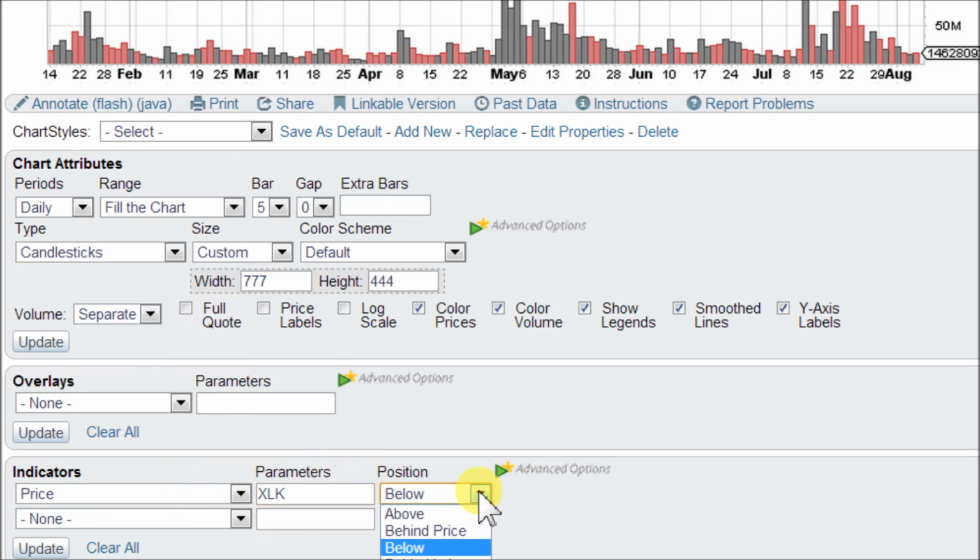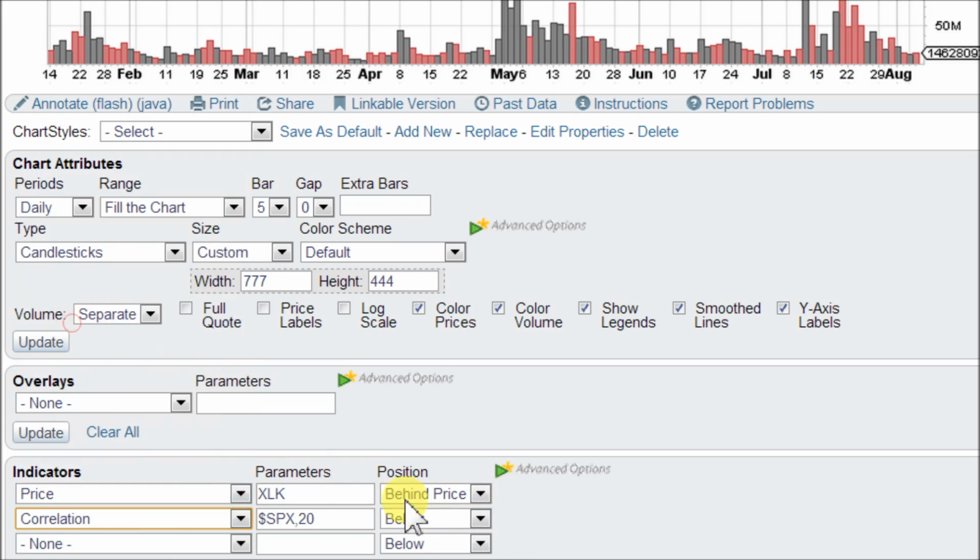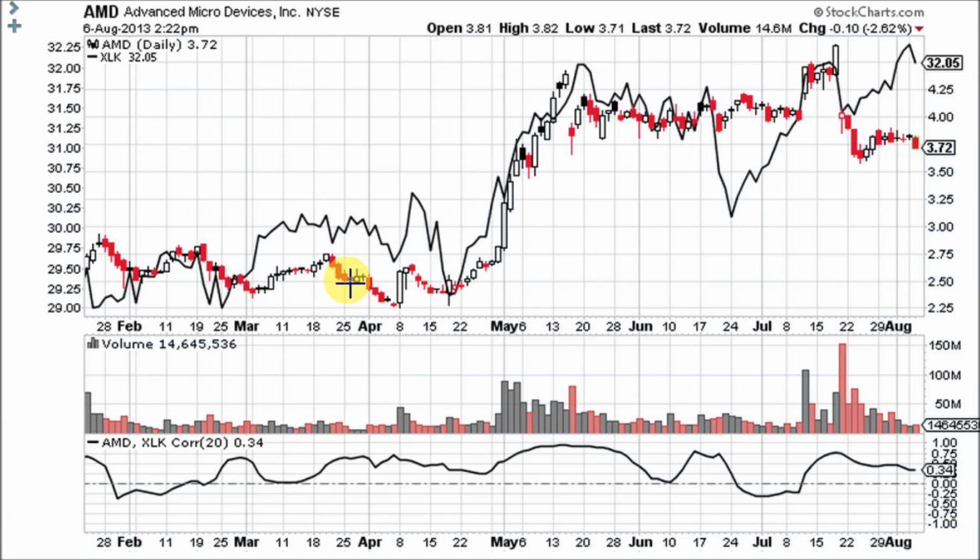We also want it behind the price, and then load up the correlation coefficient, and instead of the S&P 500, again put XLK, comma 20. That is the 20-day look back period. Okay, so AMD has a fairly high correlation to the XLK.